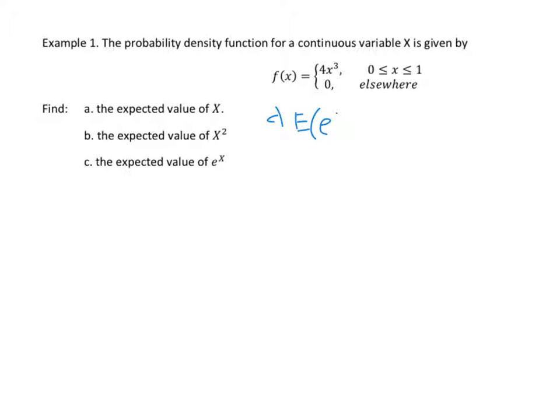And the lucky last one is part C, where we have the expected value of e to the x, which is going to be the integral from start to finish of 0 to 1 of e to the x times 4x cubed dx.